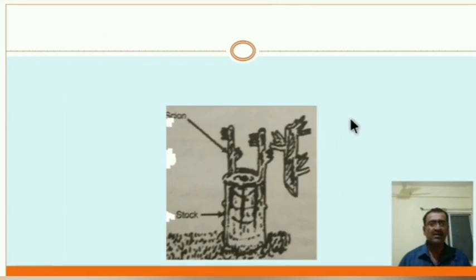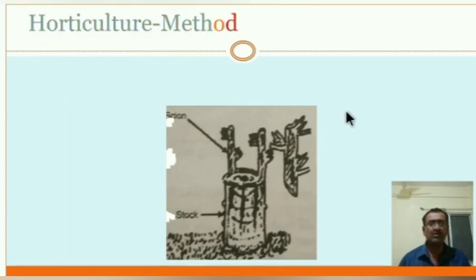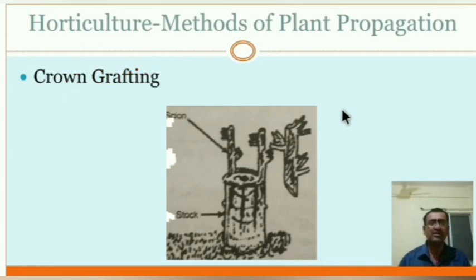Another is the crown grafting. Let us see here. This is the stalk, and on the top of the stalk different scions can be inserted. They are inserted at the top of the stalk, so it is known as crown grafting.